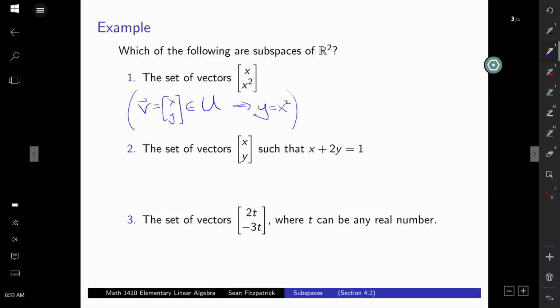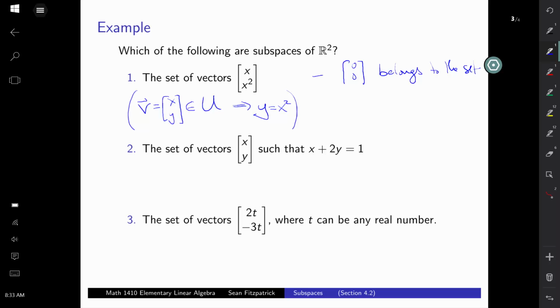So we might ask, is that a subspace? Well, we can see that the zero vector belongs to the set. No problems there. I can set x equal to 0 and I get the vector 0, 0.